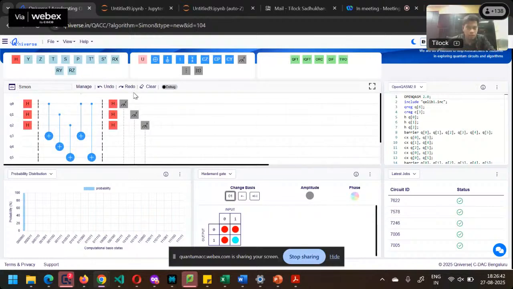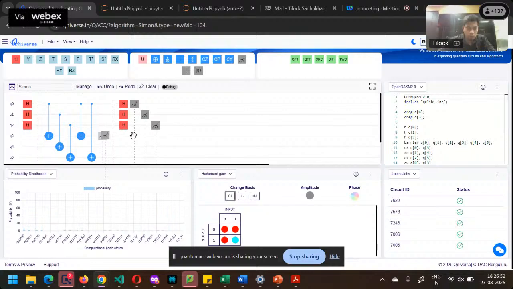So where is the state? Where is the measurement gate? Yeah, here.